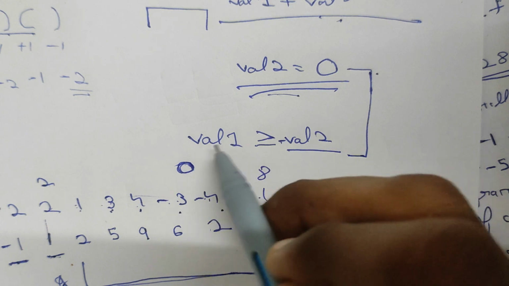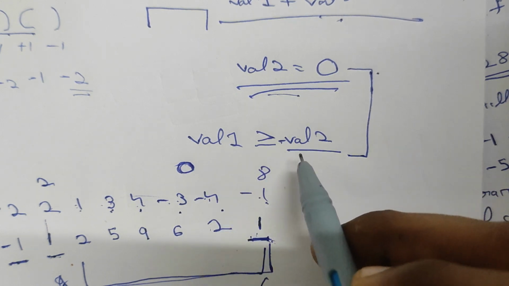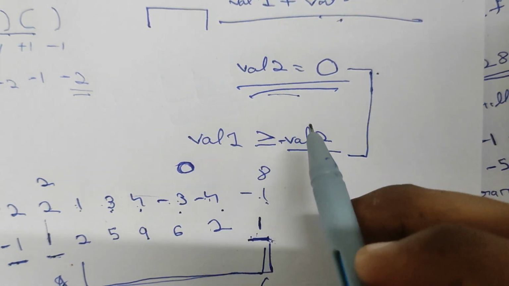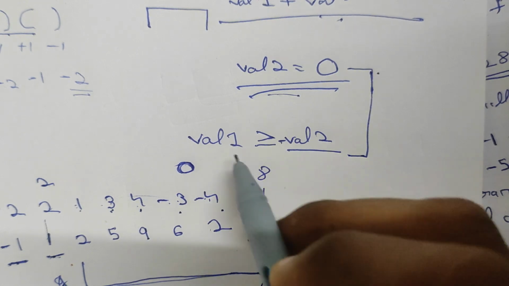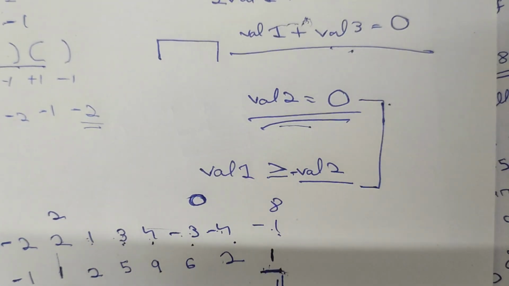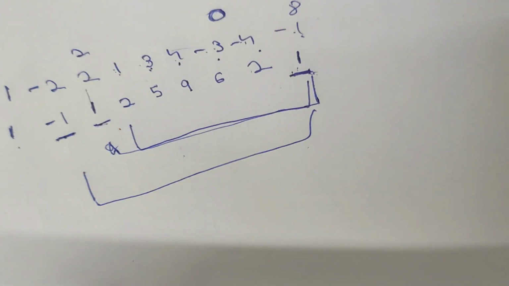But we have to satisfy this condition as well. So I will show you how we are going to satisfy this particular condition. It's also easy. That's where I am using the segment tree for a small part of the implementation. So suppose I give you an example.